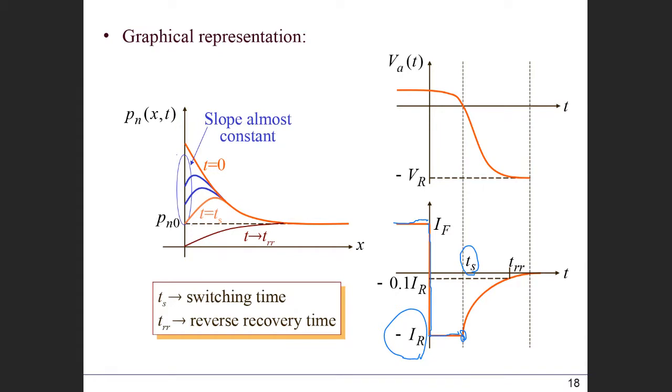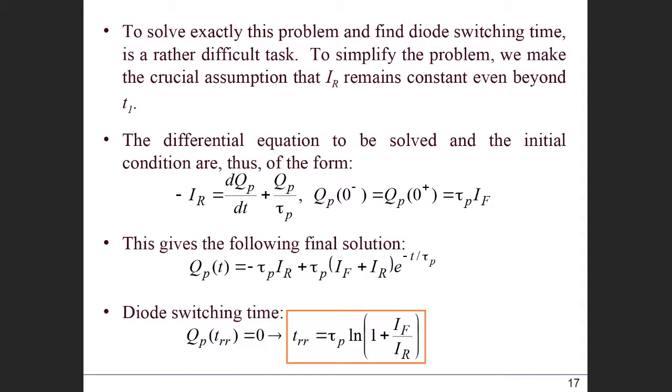After passing this time, you start to see the resistance across the diode increase, so your current is limited by the reverse bias current. So the current characteristic of the diode follows this abrupt change like this. And TS we can calculate from the previously obtained charge. So this is actually TS.